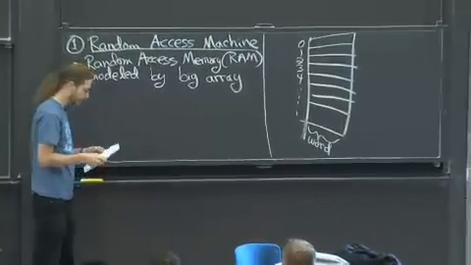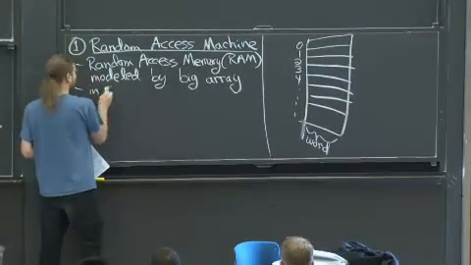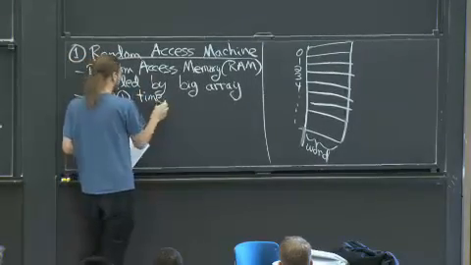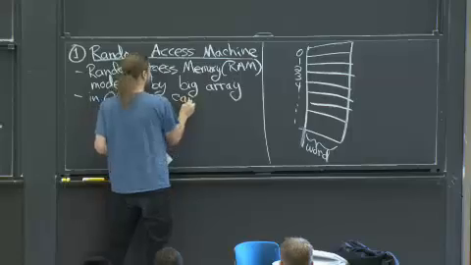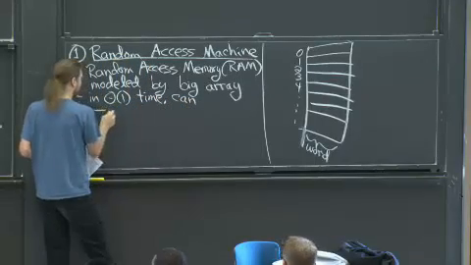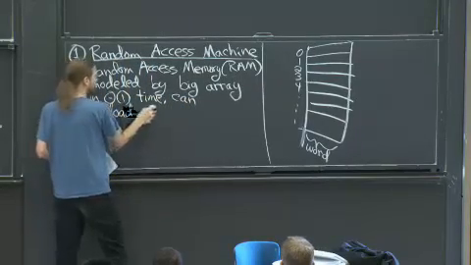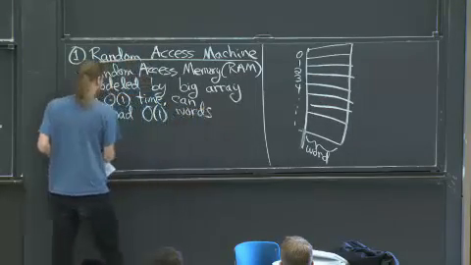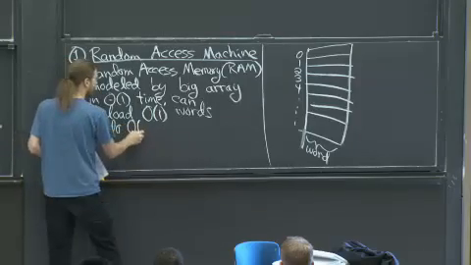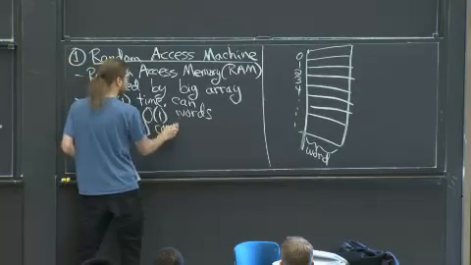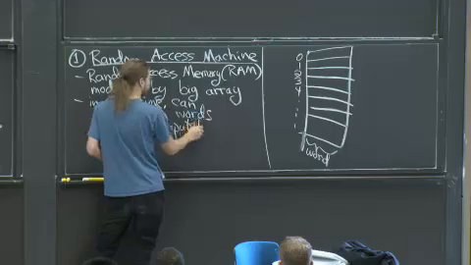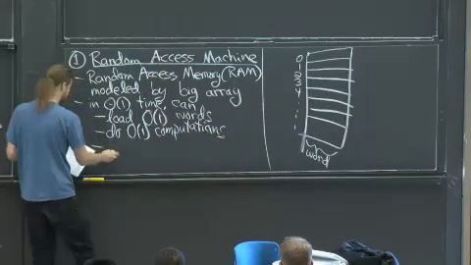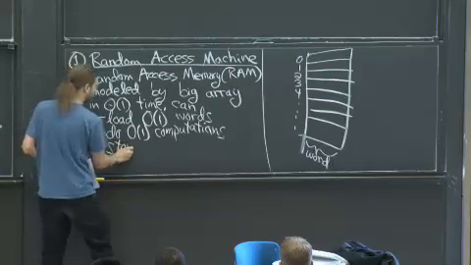How do we actually compute with it? It's very simple. We just say, in constant time, an algorithm can basically read in or load a constant number of words from memory, do a constant number of computations on them, and then write them out. It's usually called store.